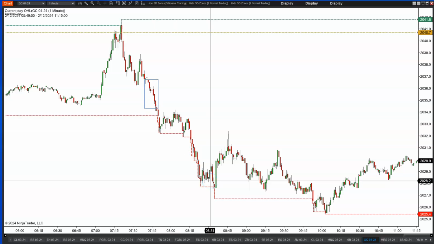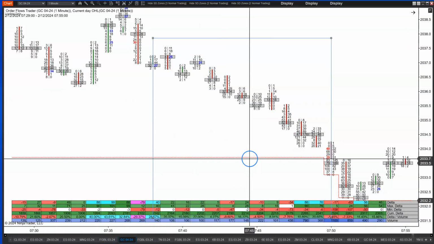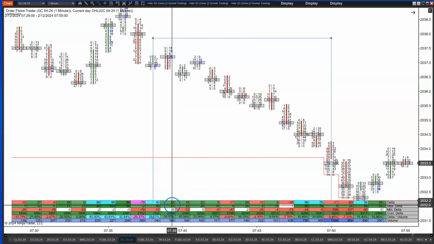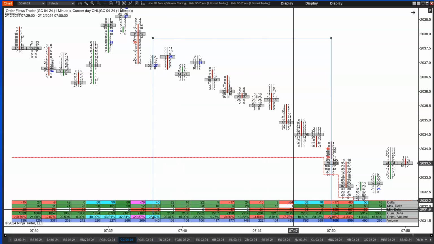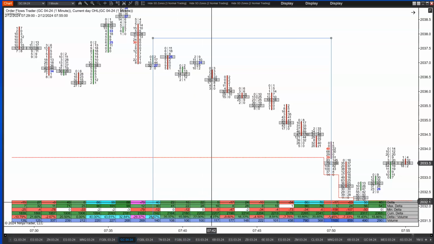So that's how you can use what you're seeing on the footprint chart. Put the pieces of the puzzle together. All you've got to be looking at is, hey, we're going lower on positive delta. And it's not just that you've got one bar with positive delta. You're stringing bars together.